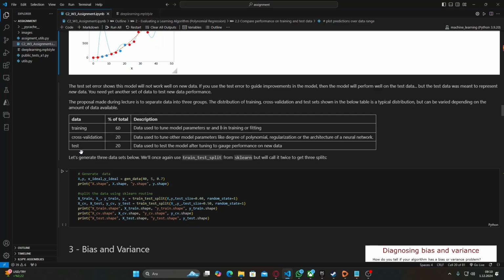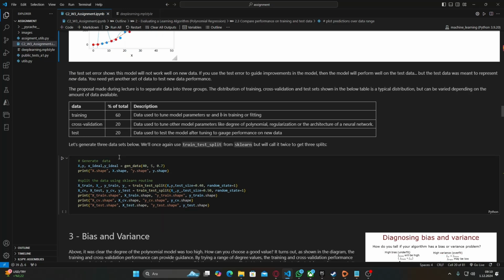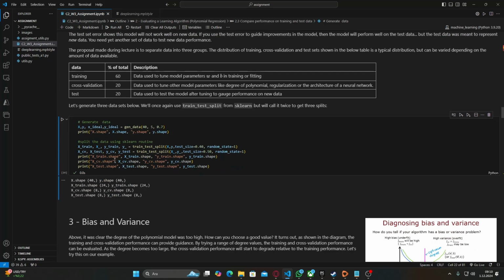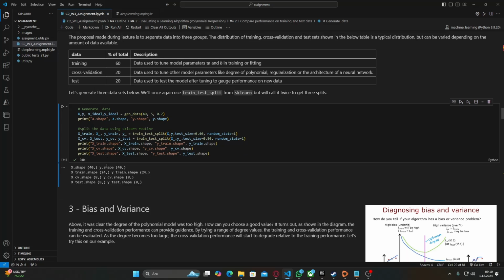And actually, it is kind of new data for us. Let's generate three data sets below. We are also using the train test split from sklearn, but we will call it twice to get the splits. Okay, just dividing it into three splits, like training, cross validation, and test.